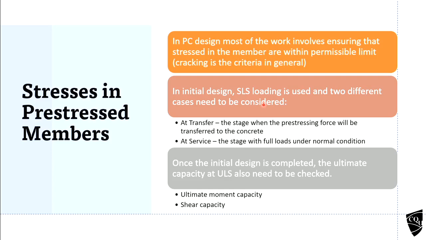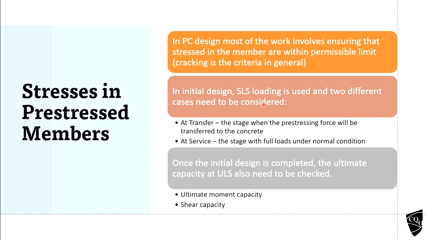In RC design, we use the deflection criteria to find out the section, isn't it? To check our assumption or to determine the depth of the beam or slab, we use the deflection equation or deflection criteria for RC design. But in PC design, deflection is not a problem. We know the deflection is very small.